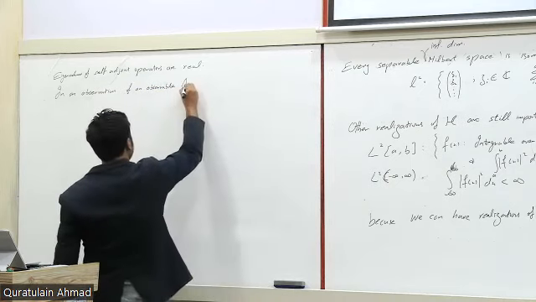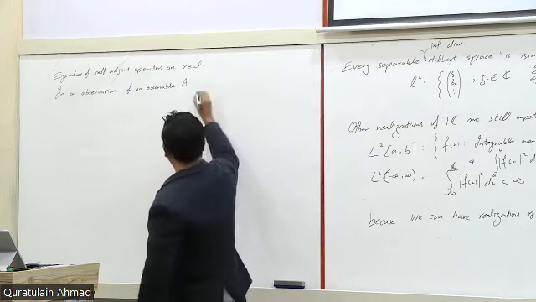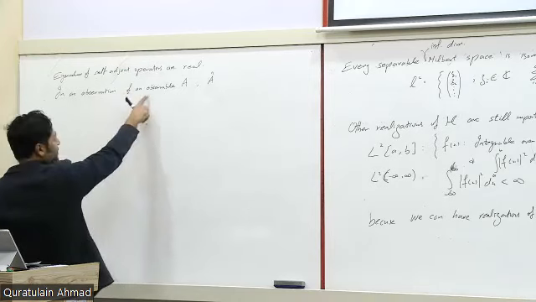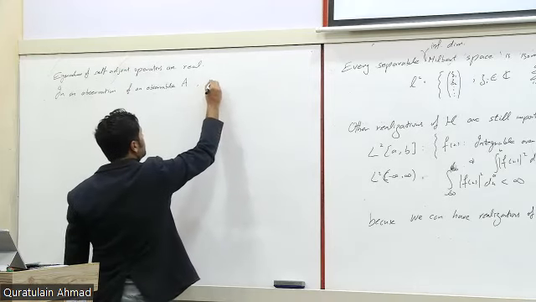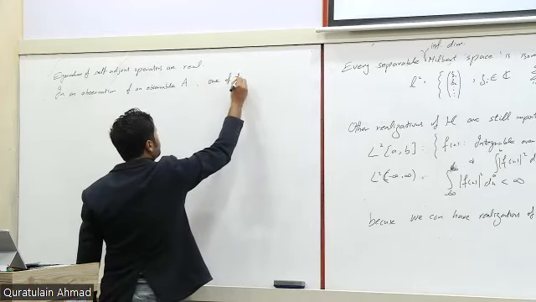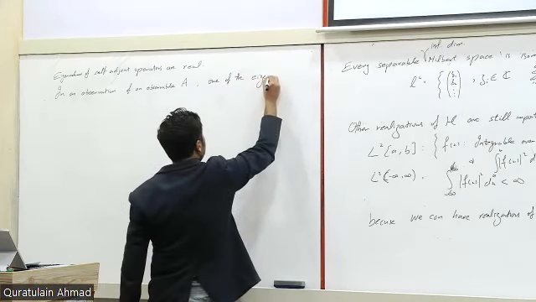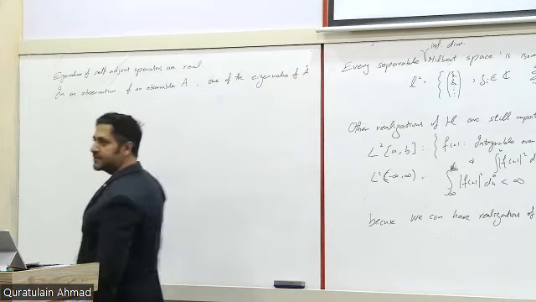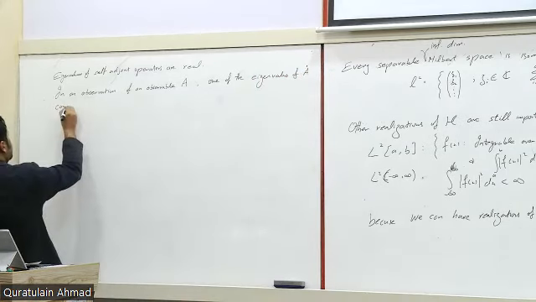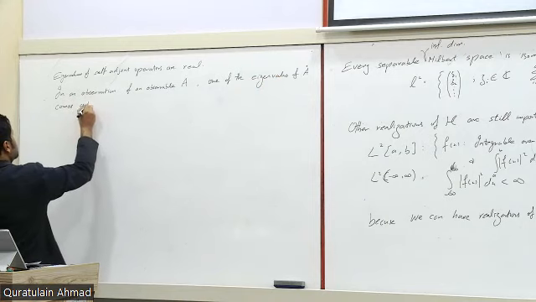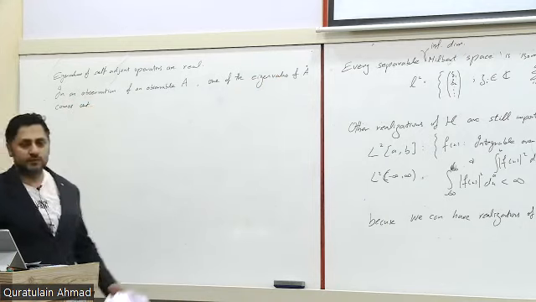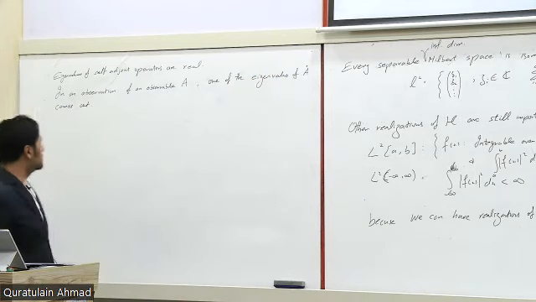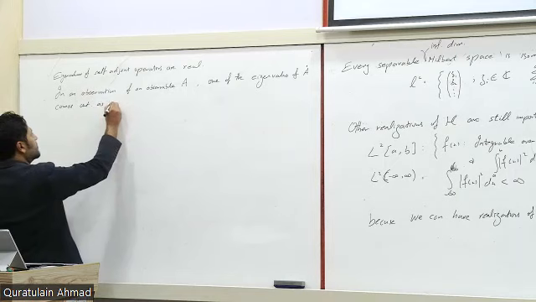So suppose the observable is A, let's say angular momentum. This operator is usually written as A hat. In an observation of an observable A, one of the eigenvalues of the associated operator comes out in your apparatus as a number.